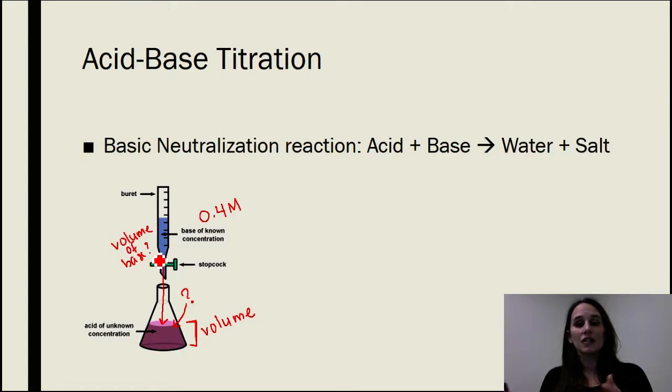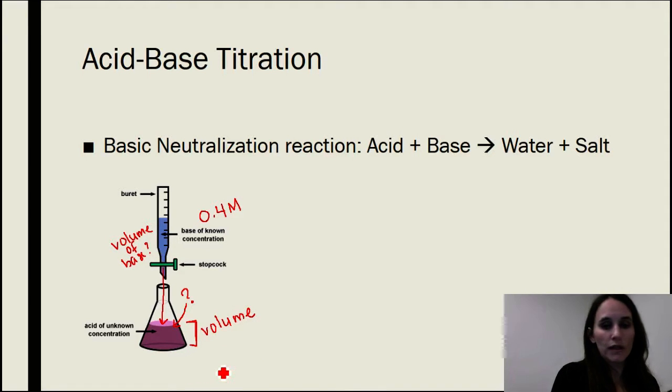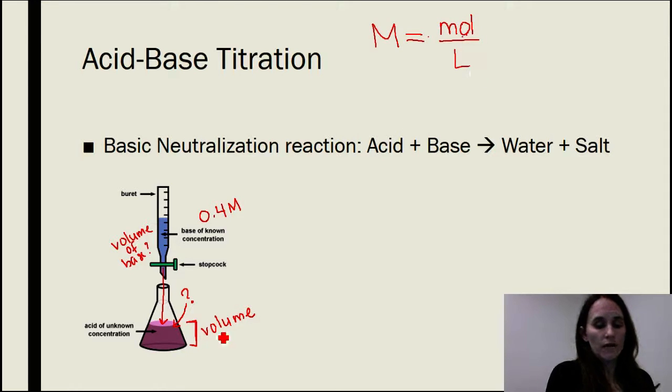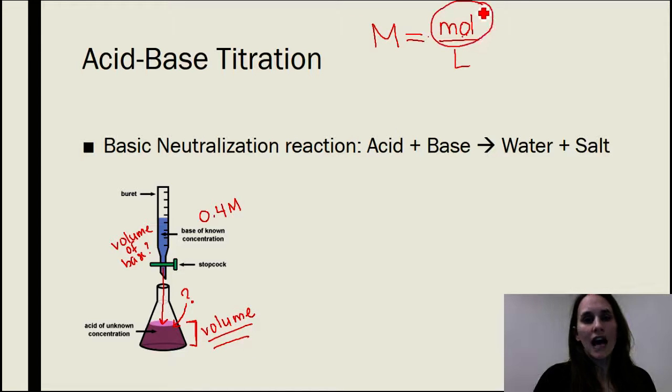And we can translate that into moles of acid. Once we've done that, we can solve for molarity. Remember, molarity is moles per liter. So if I know the volume of acid that I start with, my question is how many moles are in there? And I'm going to answer that by asking how many moles of base it took. So this is a type of stoichiometry.